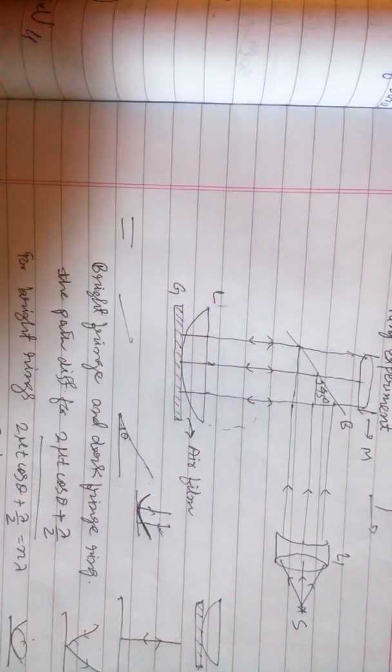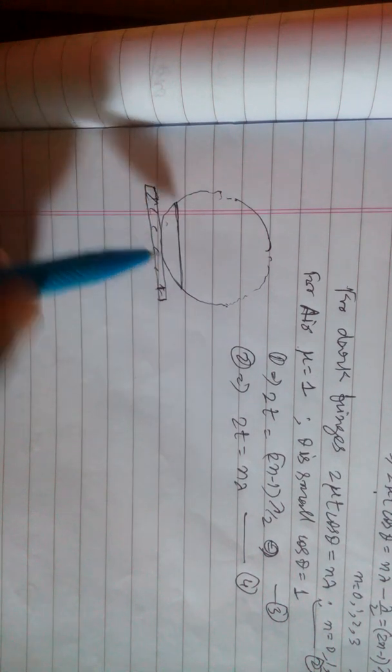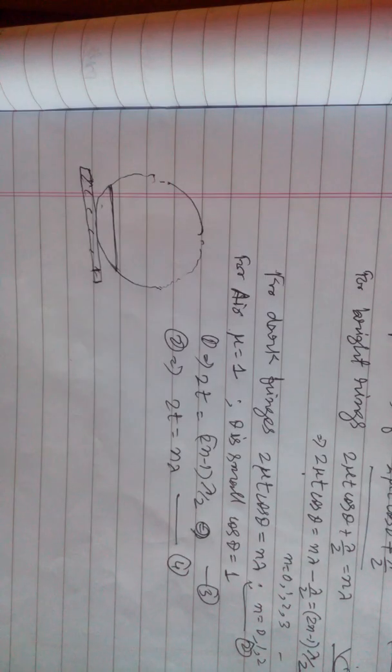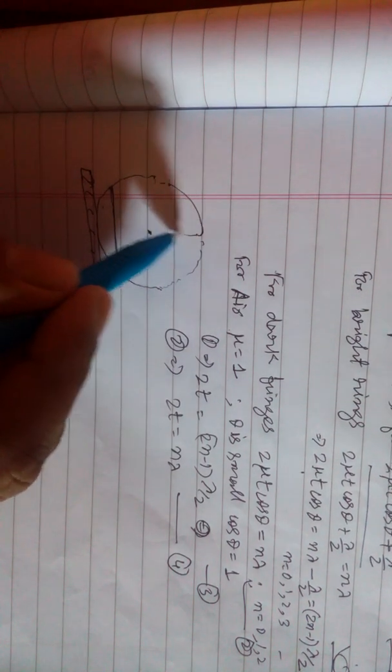If we extend this, we get a circular shape. Here we have the plano-convex lens and this is G, the glass plate. If we extend it, it looks like a circle, where C is the center.